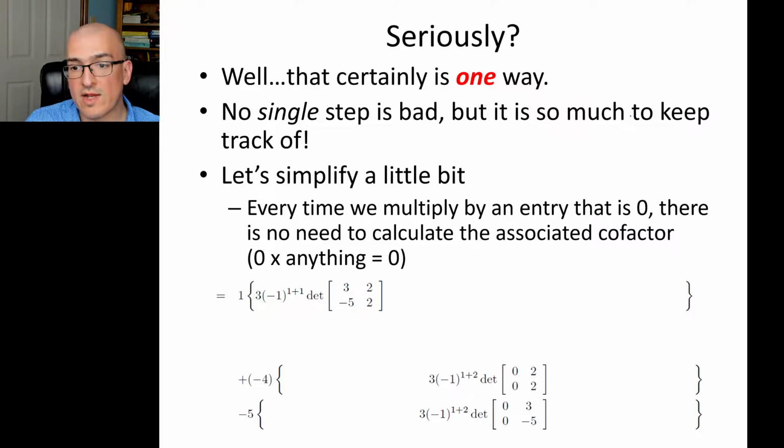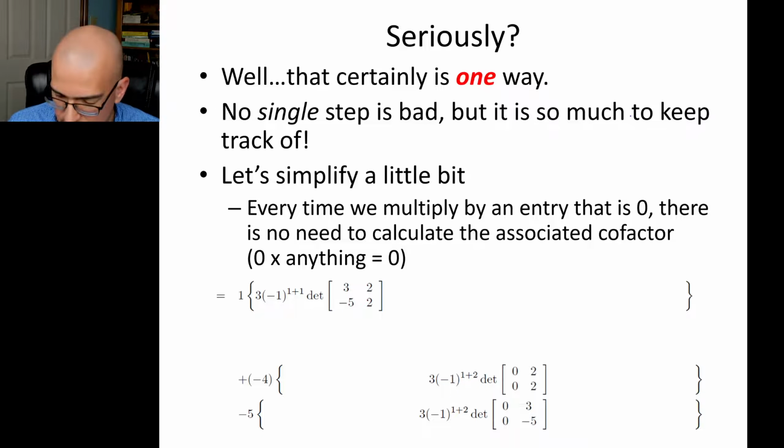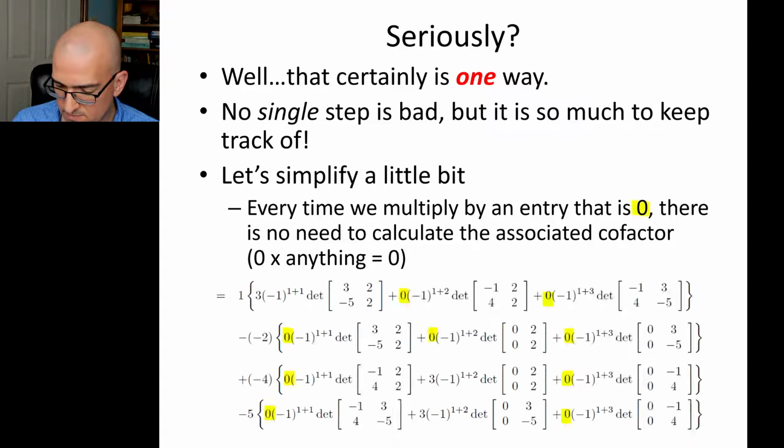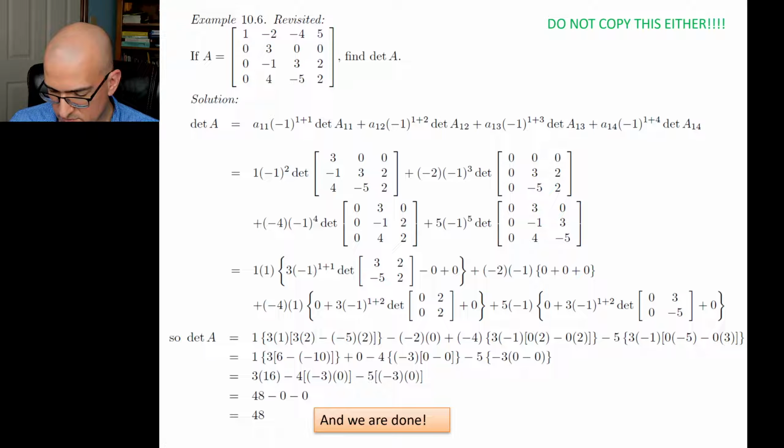It's still 0. Now I only have 3 2x2 determinants to calculate. So it's a little better. We focused only on the pieces that survived, and the calculation is still horrible.